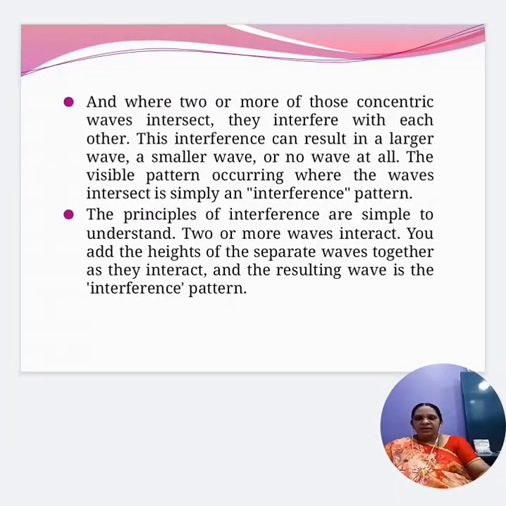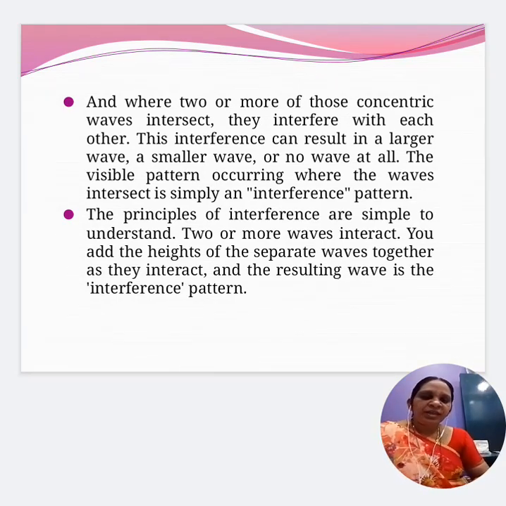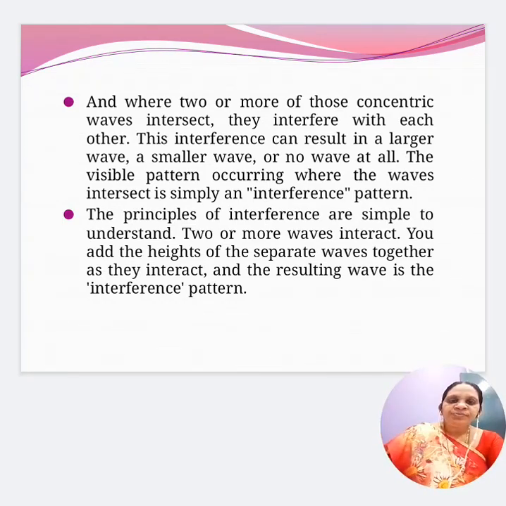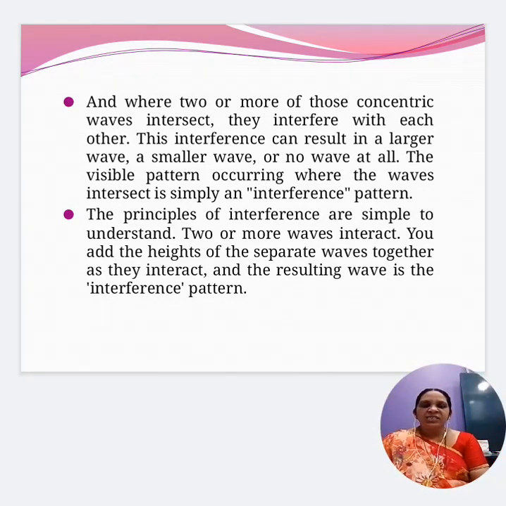Where two or more of these concentric waves intersect, they interfere with each other, and this interference can result in a large wave, a smaller wave, or no wave at all.